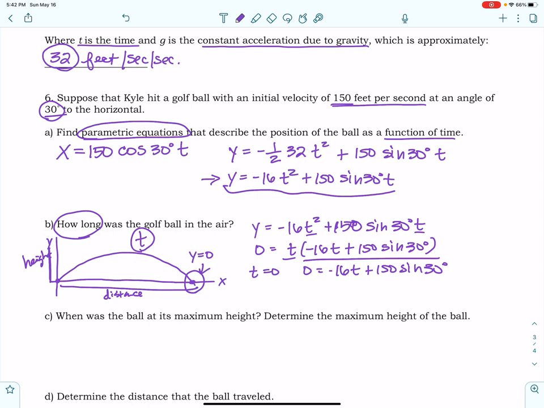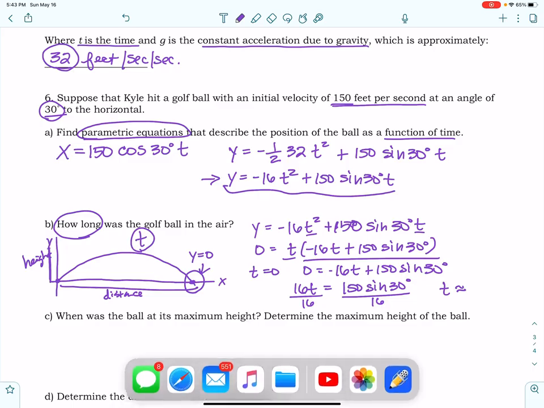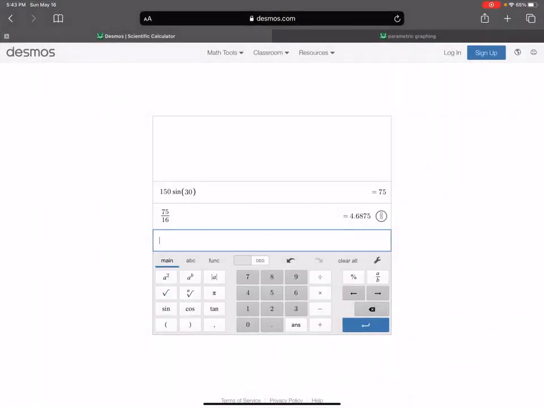So I'm going to add 16t to both sides. And then I am going to divide by 16. We're going to need our calculator for this. So I'm going to go to Desmos. So I've got, see, I already did it because I was making sure it was working.